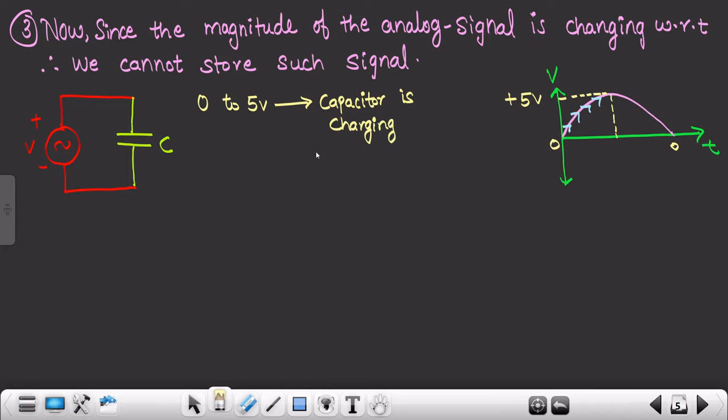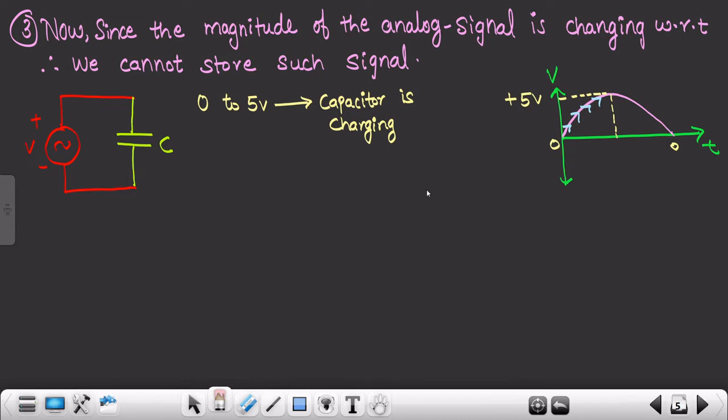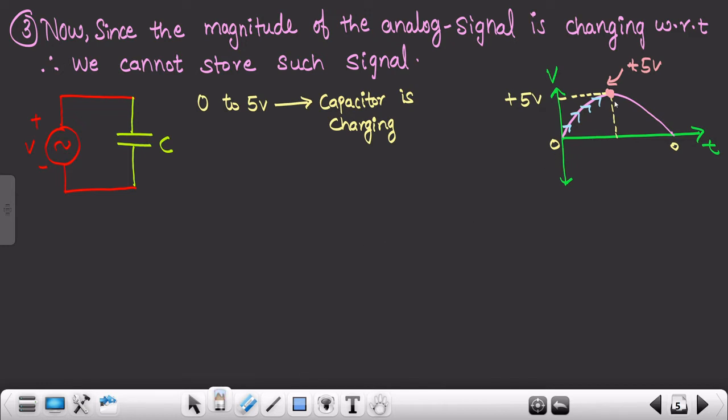Great. But at the very next moment, as soon as this waveform reaches this point, which is your plus 5 volts, you can clearly see that the waveform starts to decrease, in this way, right? I hope you are getting my point.